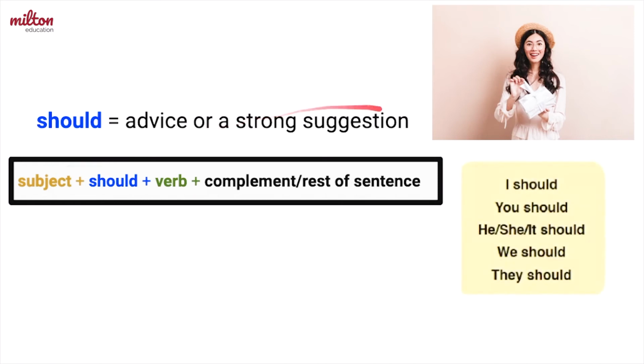When we change the subject, the rest of the sentence is exactly the same. So you could say, we should bring a gift, or I should bring a gift, or your family should bring a gift. And the modal verb and the main verb stay the same.